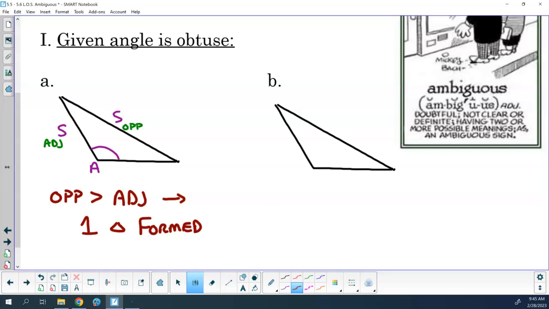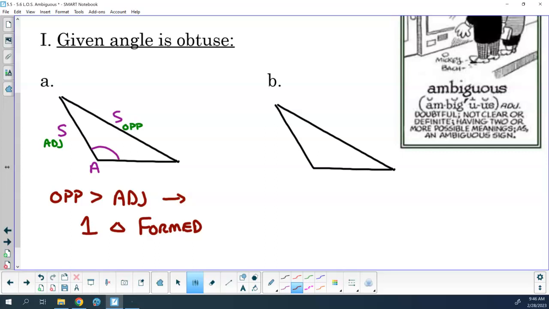And what are you going to use to solve it? Law of sines.